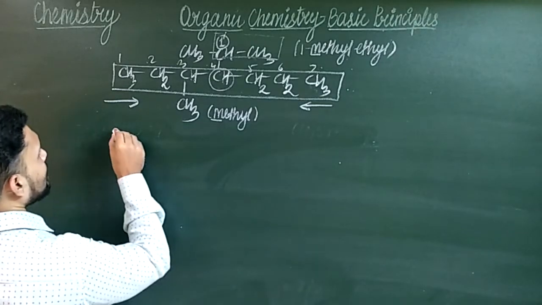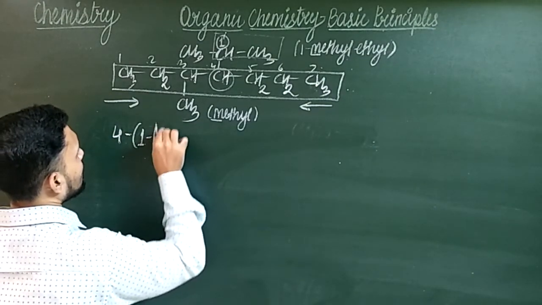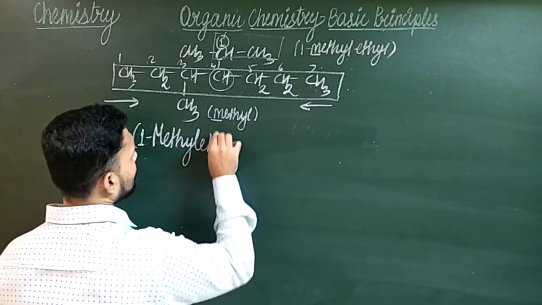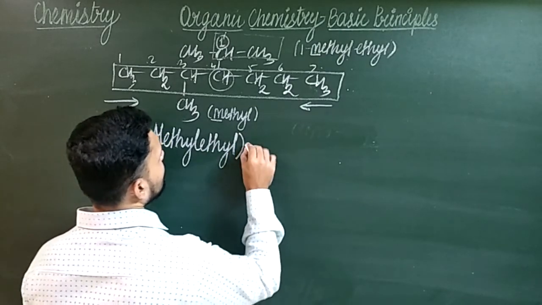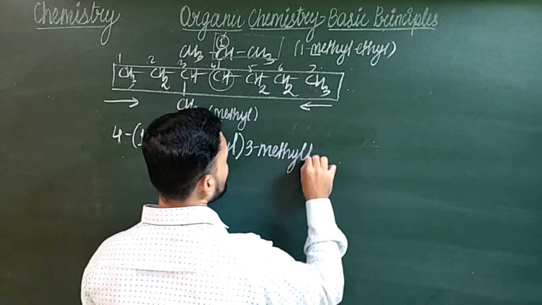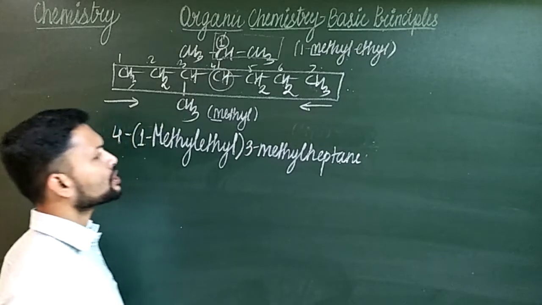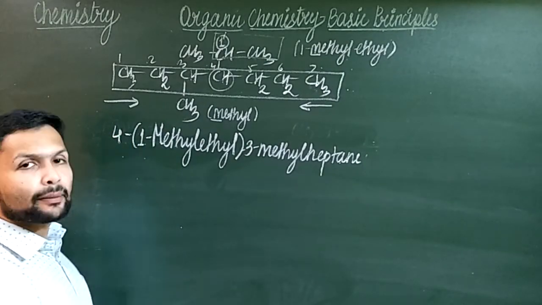So I will write in alphabetical order: 4-(1-methylethyl), then 3-methyl. And the longest chain is heptane. So this should be the IUPAC name given to this compound.